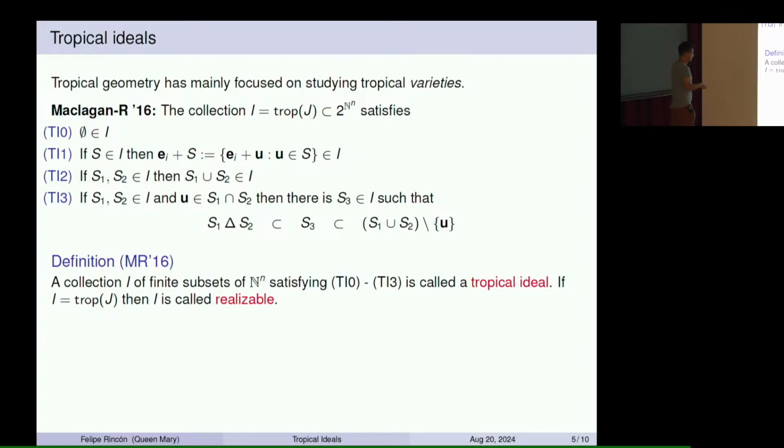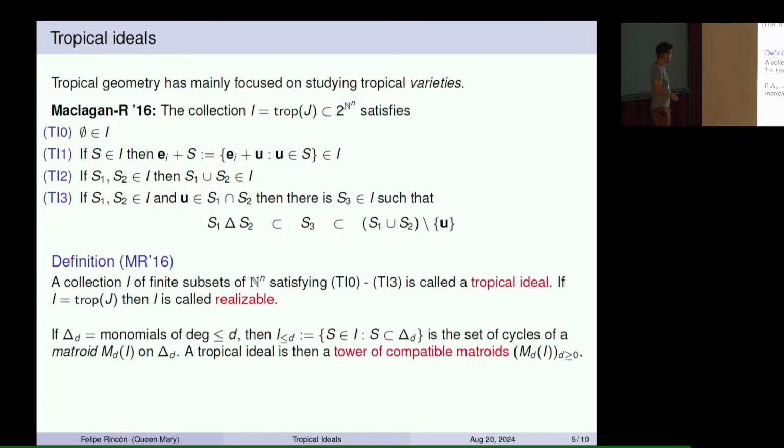And the ones that do arise from an ideal with coefficients in a field, let's call them realizable or representable by an actual ideal with coefficients in a field, just very much like we do for matroids, right? Just trying to abstract the notion of what it is to be a collection of supports of polynomials in an ideal.